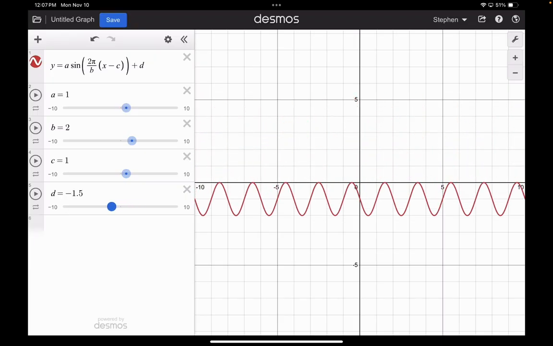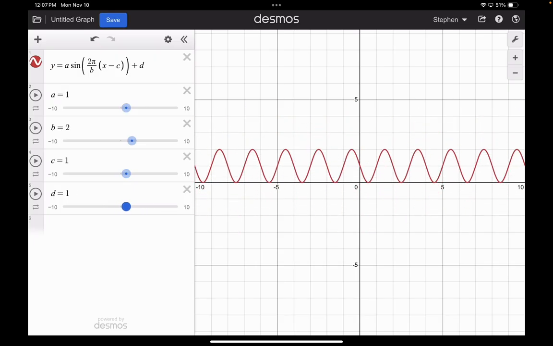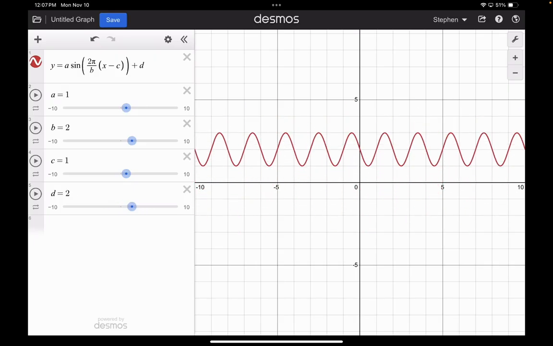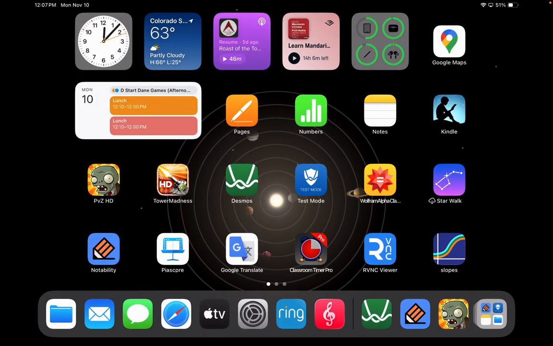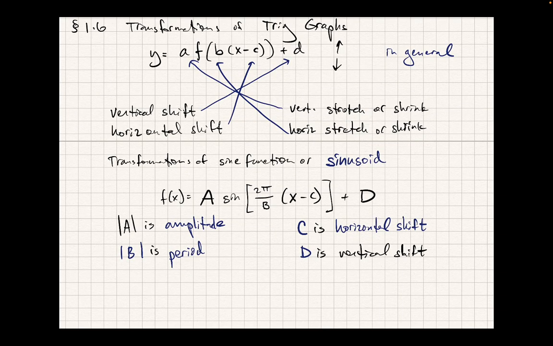So that moves my y value up or down. So this magic function is worth notating and knowing and memorizing. You should write this down and all the definitions too.